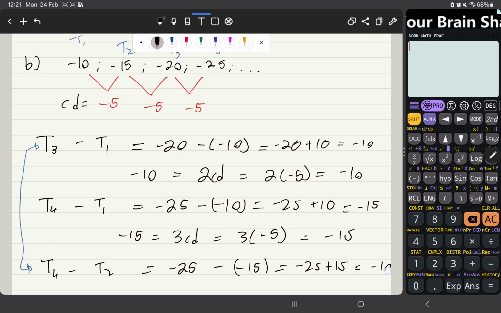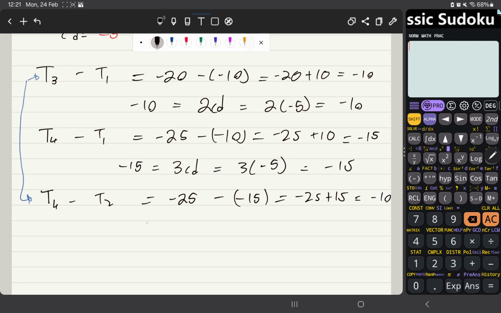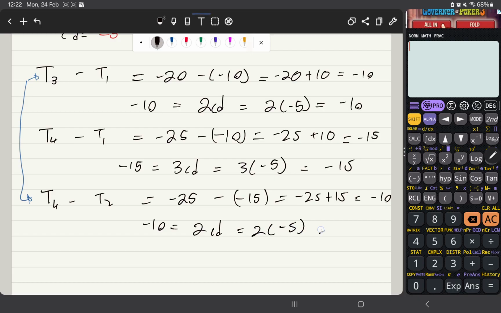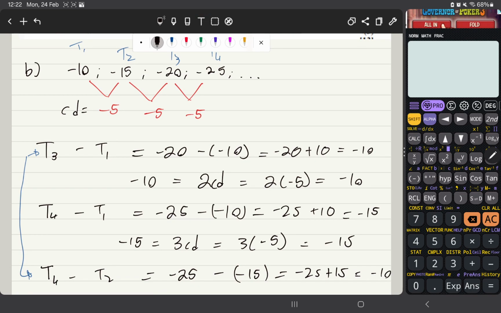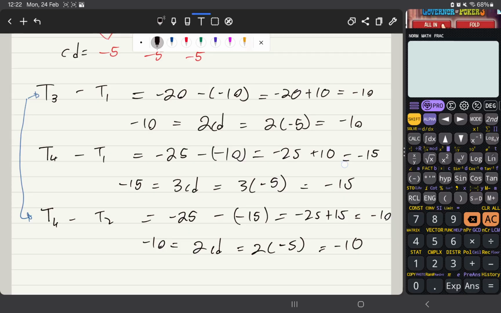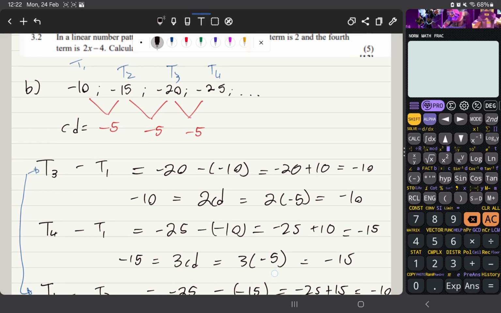That is minus 10. And again, minus 10 is the same as 2 multiplied by your CD, common difference, which is 2 into minus 5, which is minus 10. I mean, we can play with this again.